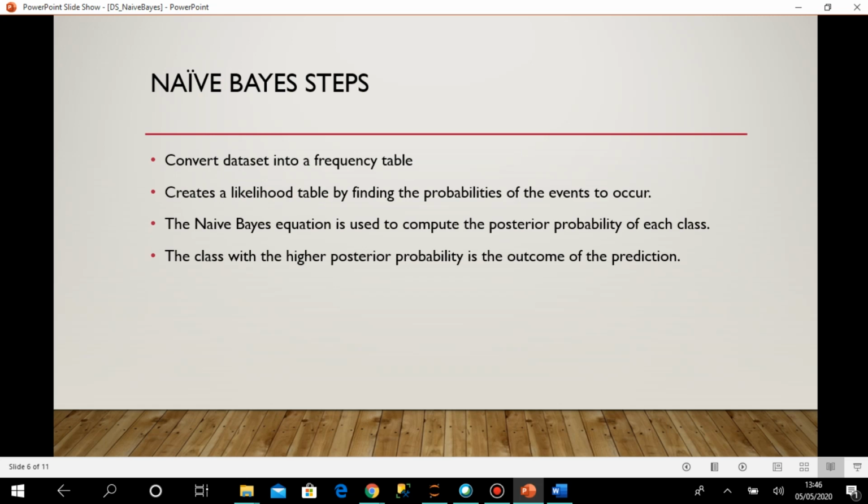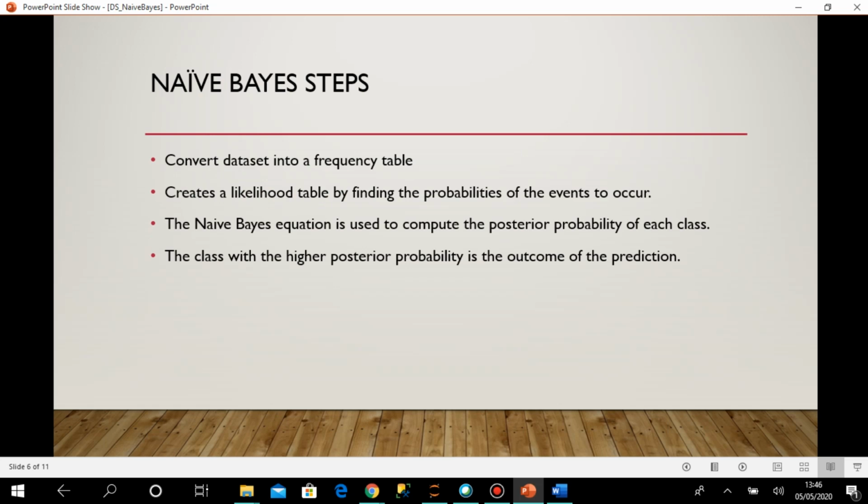First of all, we convert the data set into a frequency table. How we do that, I will show you when we do the demonstration through Jupyter Notebook. It is kind of a frequency, that is how many times something is occurring. Then we create a likelihood table by finding the probabilities of the events to occur.